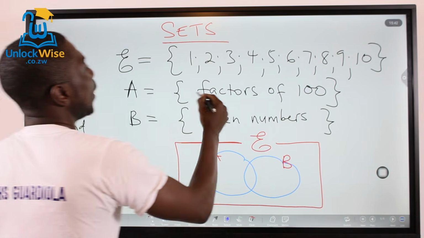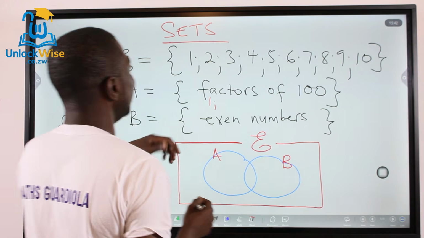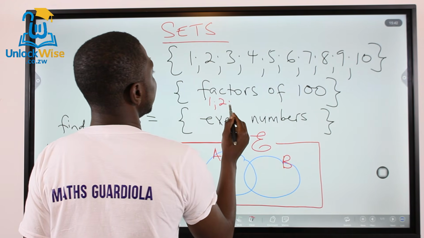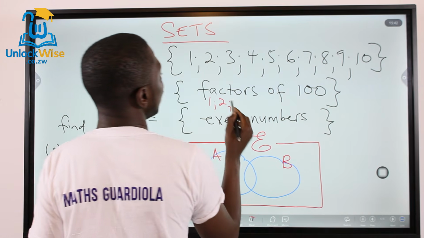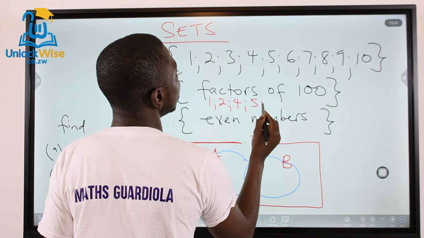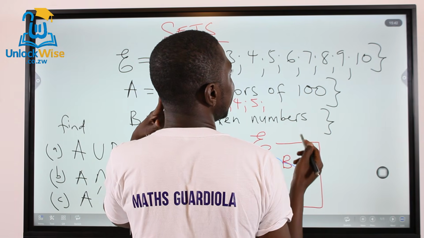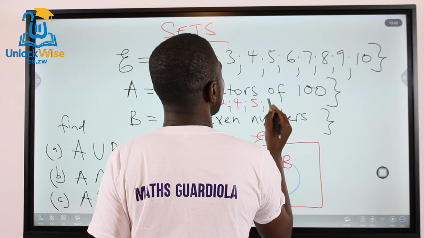Factors of 100 in here, we have 1. 1 is a factor of every number. Then 2 can get into 100. 3 no. 4, yes, it's a factor of 100. 5 is a factor of 100. 6 is not. 7 is not. 8 is not. 9 is not. And we also have 10.